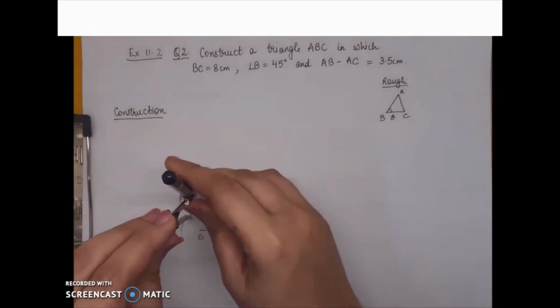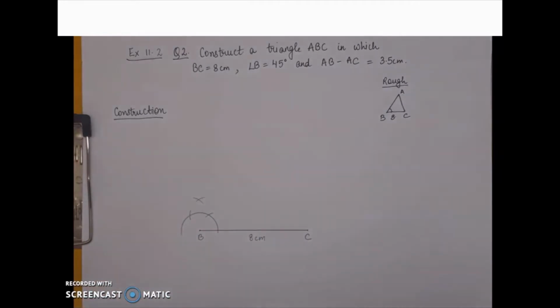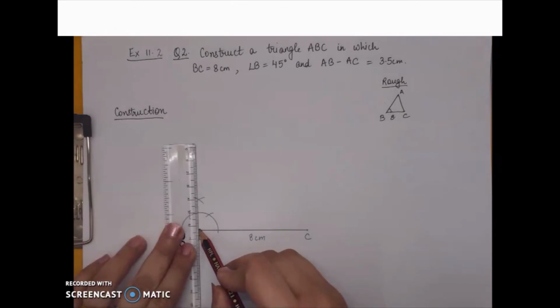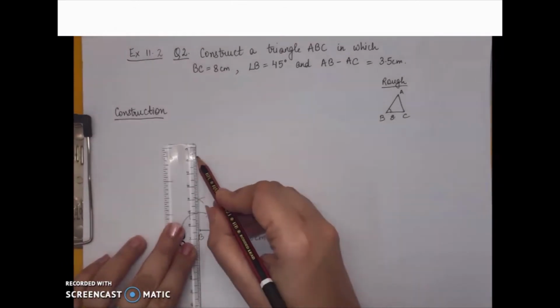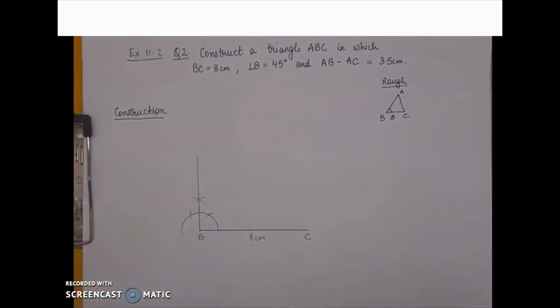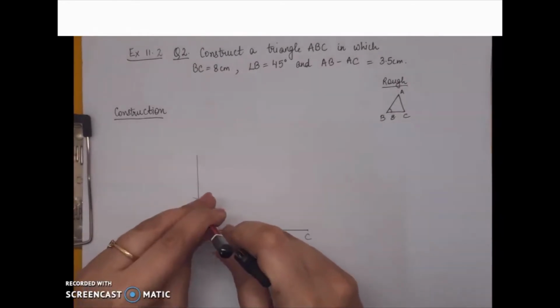So this one I'm constructing 90 degree. Then you will bisect this 90 to get 45.